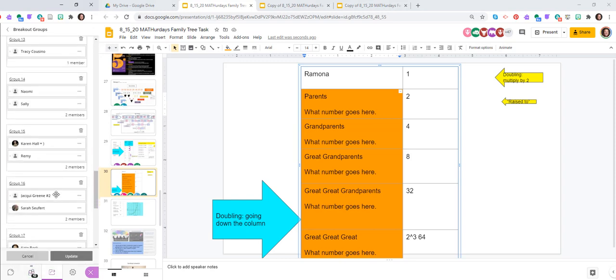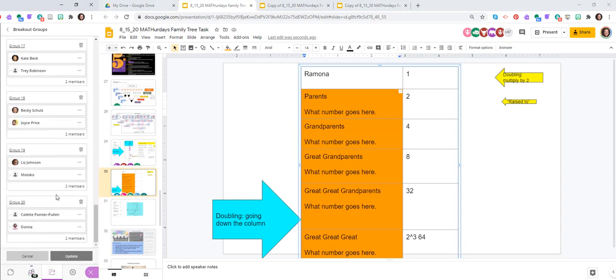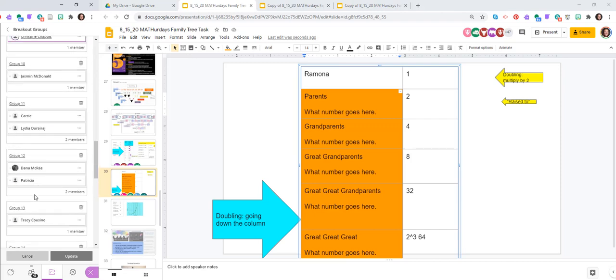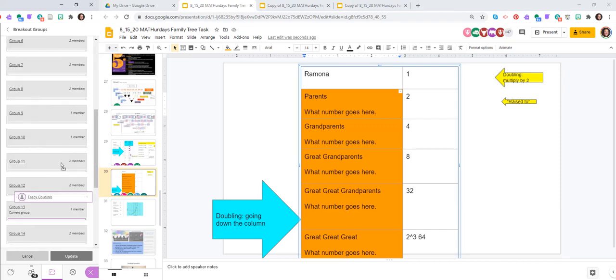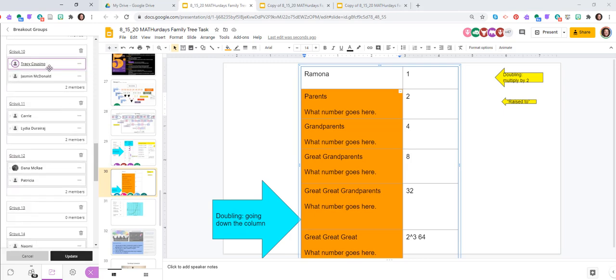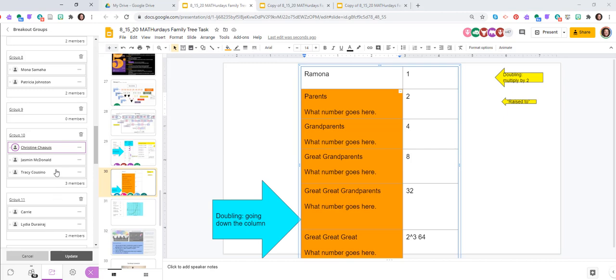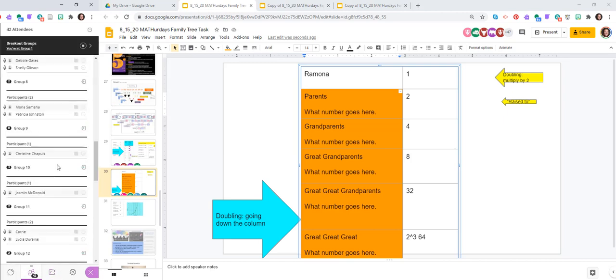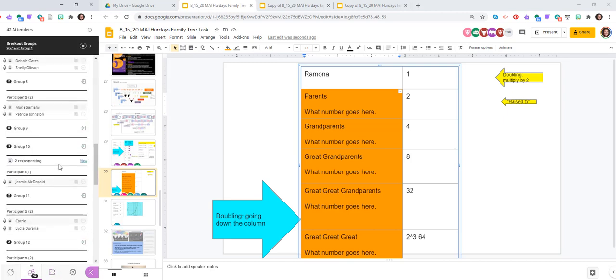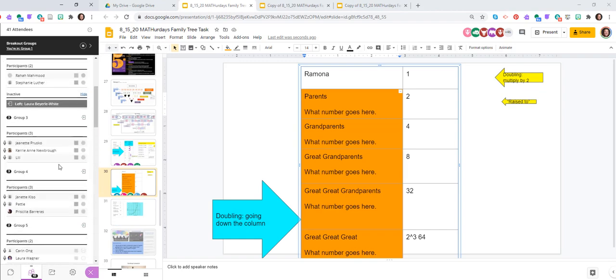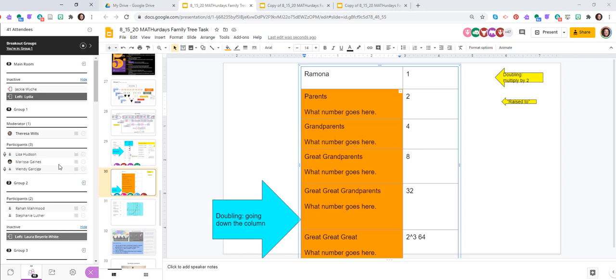But 2 to the 3rd is not actually the number of great, great, great grandparents. That's 2 to the 6th power. So it eliminates Ramona, her parents, and her grandparents. So the 64 is really 2 to the 6th power if we need to find the number of great, great, great grandparents. Does that make sense?